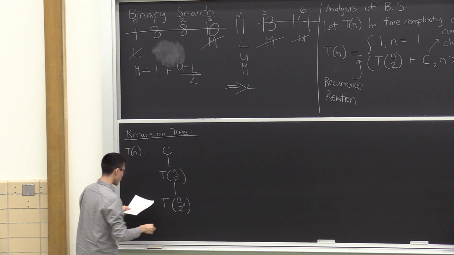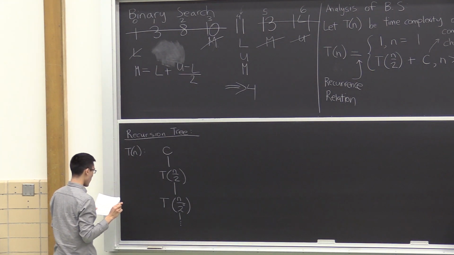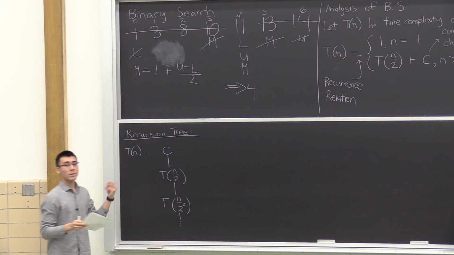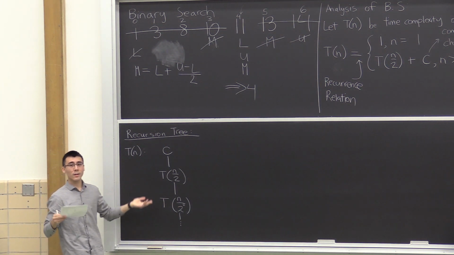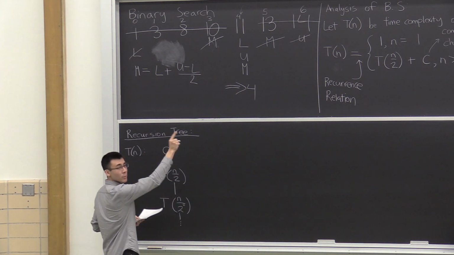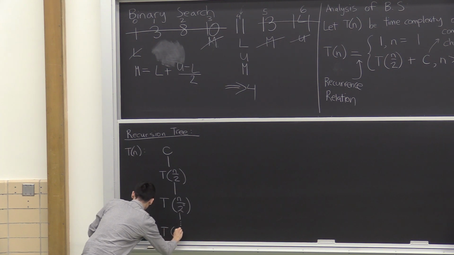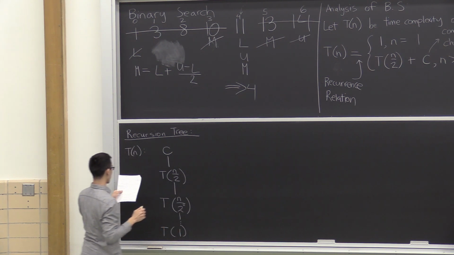And then we just keep on going. Dot, dot, dot. Eventually, we're going to keep dividing n by 2 over and over and over again until we get T of 1, which is our base case over there. So eventually, we're going to get T of 1.